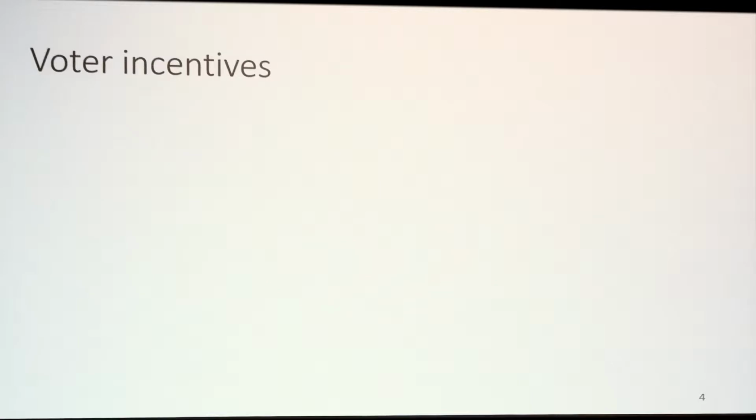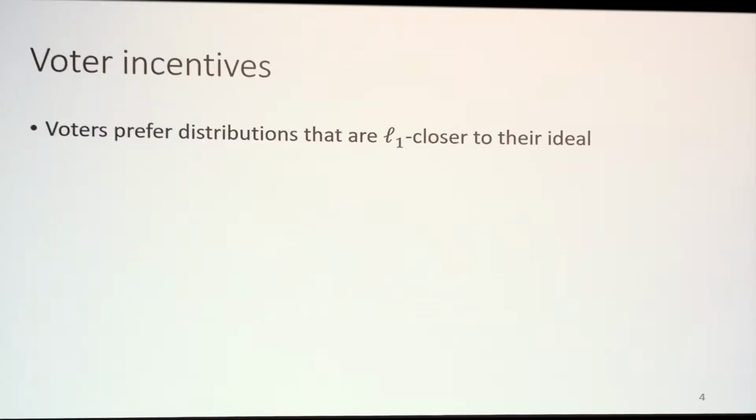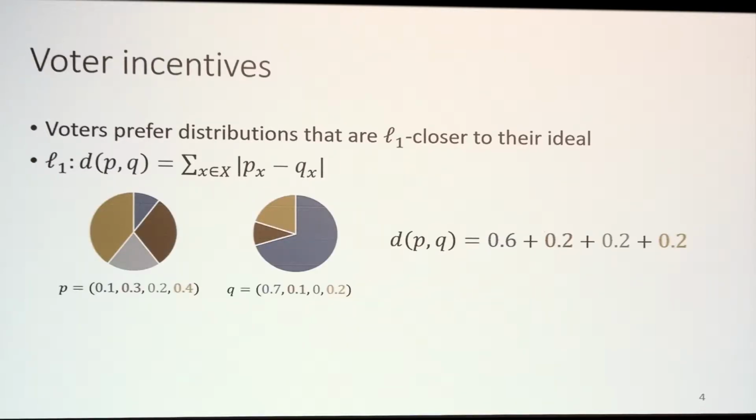Okay. So let me be a little more formal about what I mean by these voter incentives. We're going to assume that voters prefer distributions that are closer to their ideal distribution in L1 distance. Just so we're on the same page, the L1 distance between 2 distributions is the sum of the absolute difference between each coordinate. So that's an example of the L1 distance between those 2 distributions.